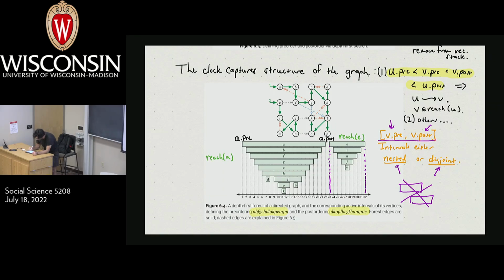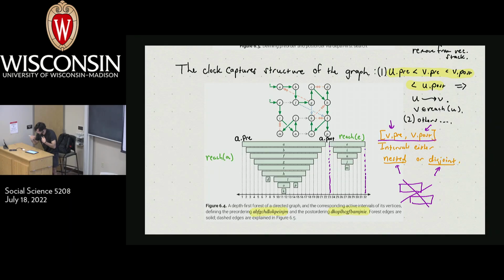In particular, one other thing you can infer from this, if you do have nesting like this, so B is contained in A, F is contained in B, and so on, that means DFS starting at A called B, and it eventually caused F to be called.